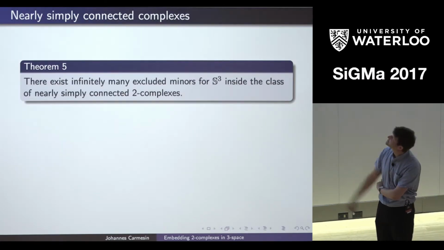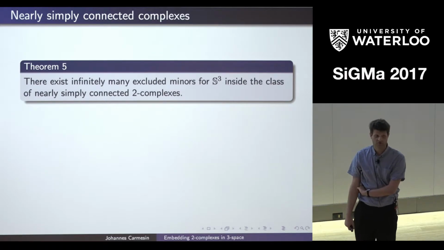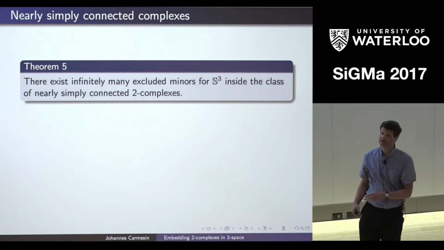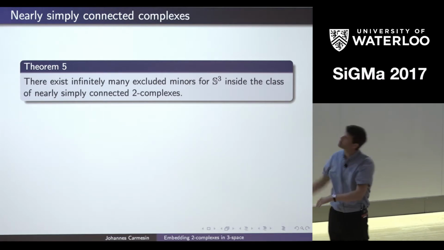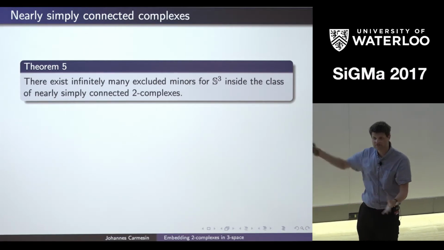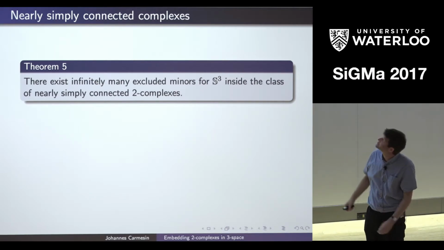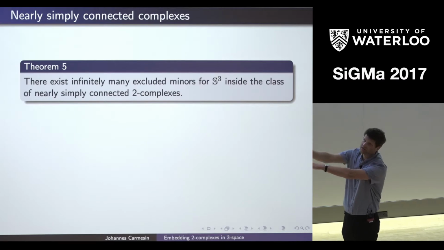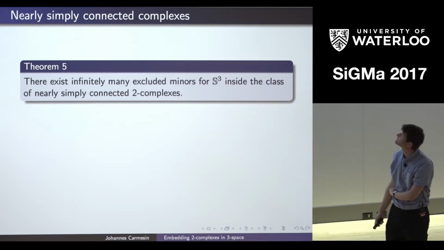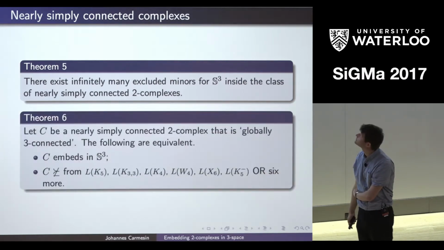Already inside that quite restricted class, we can construct infinitely many obstructions to embeddability, so you get infinitely many excluded minors for the 3-sphere.